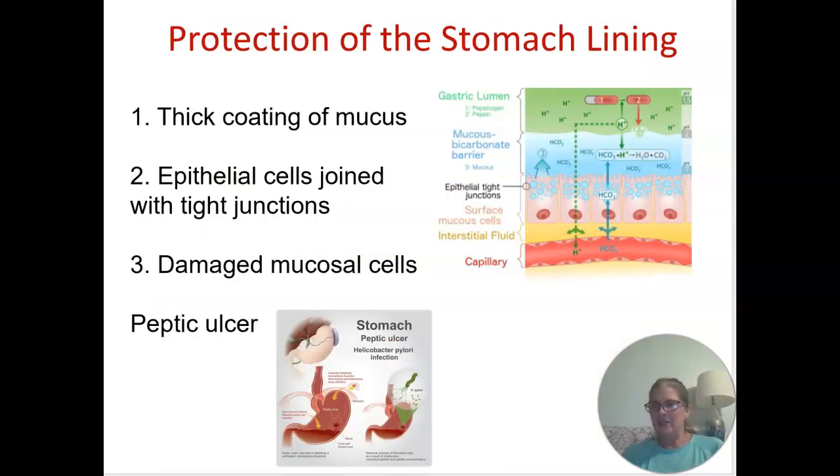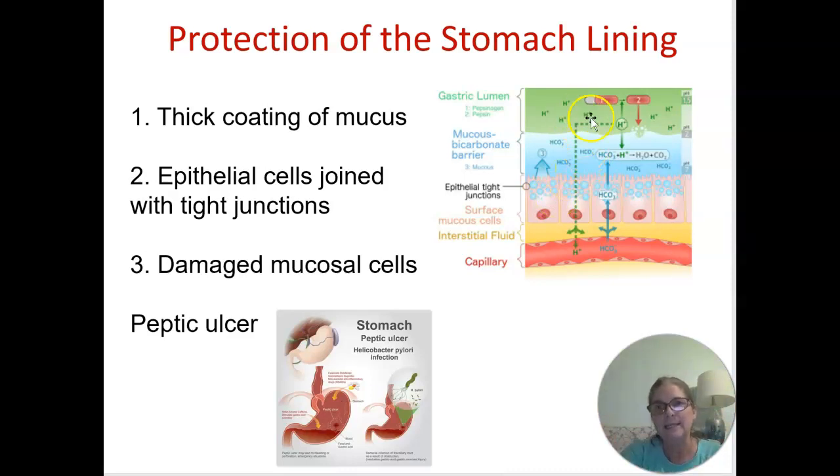So we kind of touched on this briefly, but you've got all this acid in your stomach. So what protects your stomach from digesting itself? Well, we have those gastric glands that have mucus. One of the things that's produced is a very thick layer of mucus. This layer of mucus basically coats and lines the inside of the stomach. All the epithelial cells are joined with tight junctions. Remember, with tight junctions, nothing gets between them.